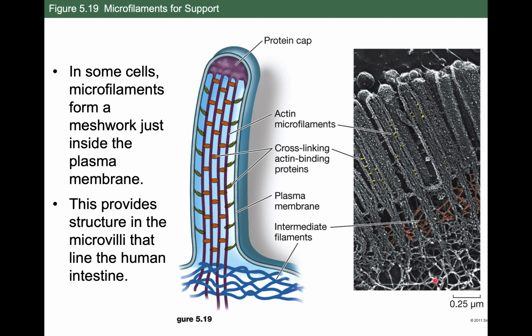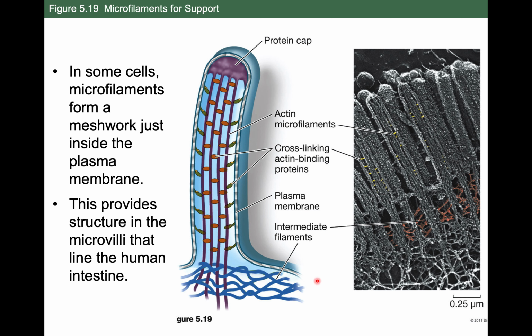I mentioned that microfilaments were important for cell shape. Here you have microvilli, cells that have a very unique shape. These are cells found lining the small intestine in your gut, and they have these long finger-like projections you can see here.